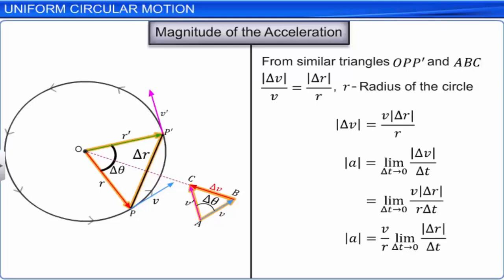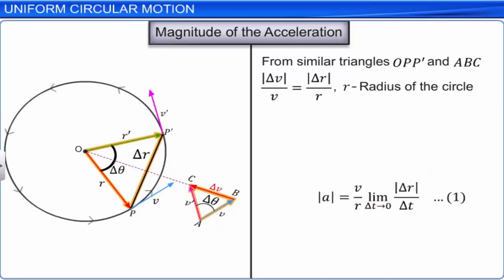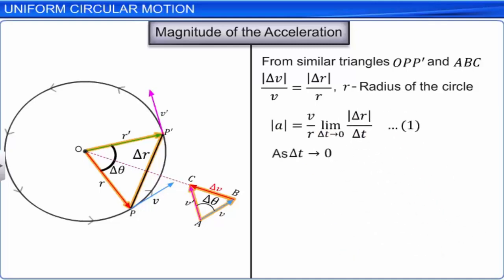As delta t approaches 0, delta theta also approaches 0. Arc PP dash is approximately equal to PP dash, which is equal to magnitude of delta r. Magnitude of delta r is approximately equal to v delta t.